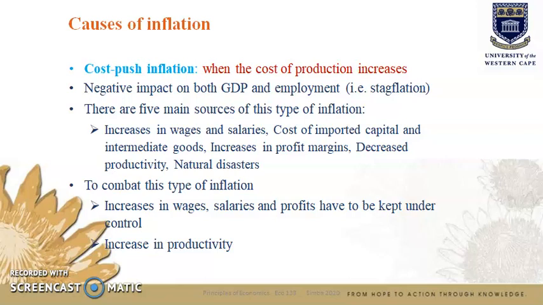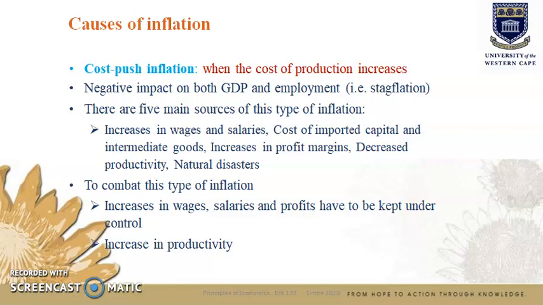Cost push inflation reduces both total output and employment, resulting in a phenomenon called stagflation, that is, inflation accompanied with low total output and unemployment.